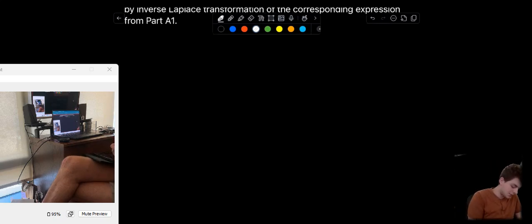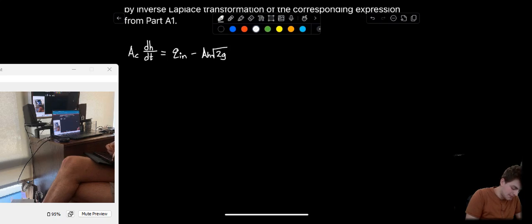And what that looked like was as follows. We said cross-sectional area times change in height with respect to time is going to be equal to volumetric flow rate in minus area of the hole times square root 2g h to the 1/2 power.